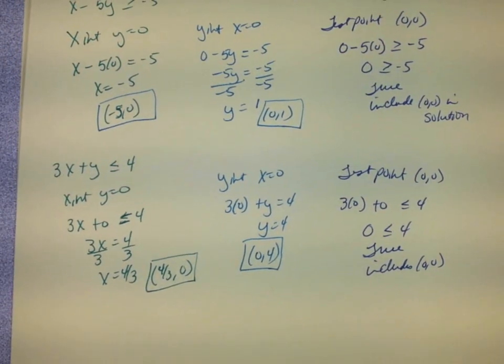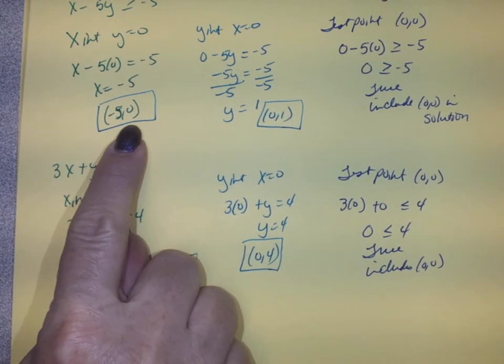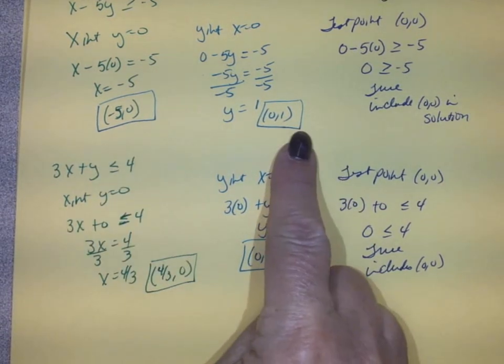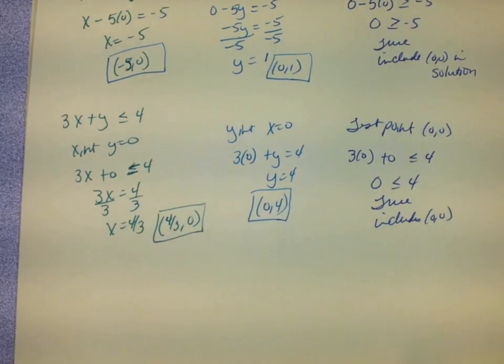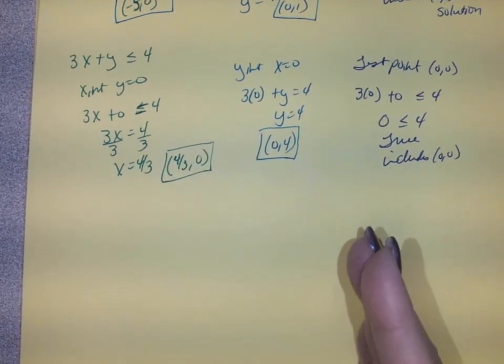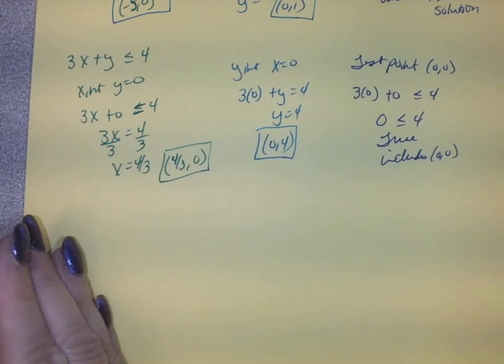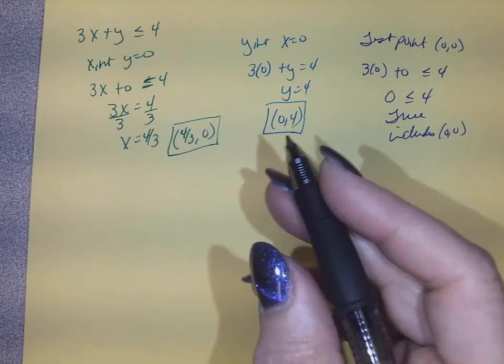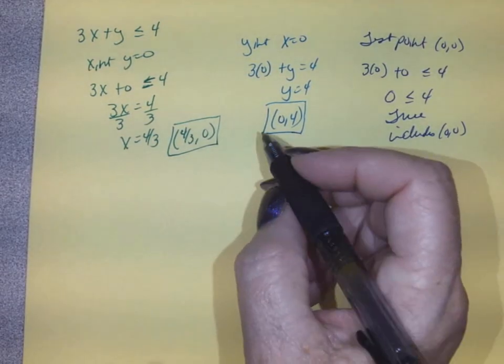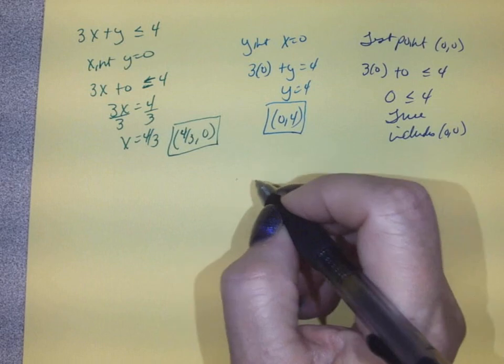All right, so we're going to draw a graph. We've got -5 for our x, 1 for our y, 4 for our y, and 4/3. So we're going to need a small side of our graph on the x positive, but we'll need more on the x negative. And we'll need a good amount on the y positive, because we've got to go to 4. All right, so let's draw our graph.